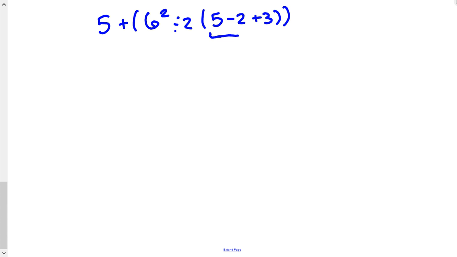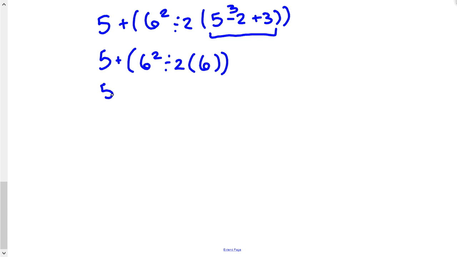So I'm going to deal with the innermost brackets first. 5 minus 2 is 3 plus 3, so this gives me a 6. 5 plus 6 squared is 36, divided by 2 times 6, because we got to get rid of the brackets, is 12. 5 plus 36 divided by 12 is 3, gives us 8.